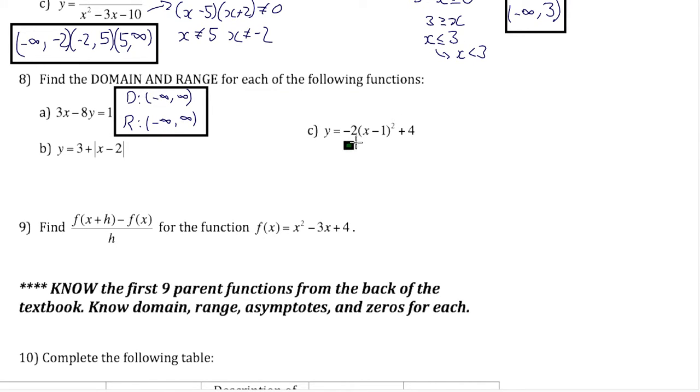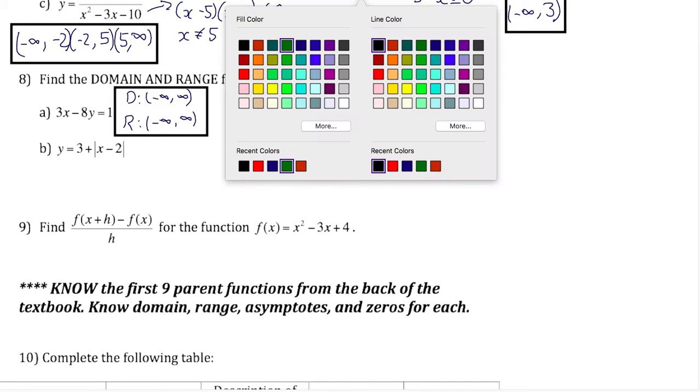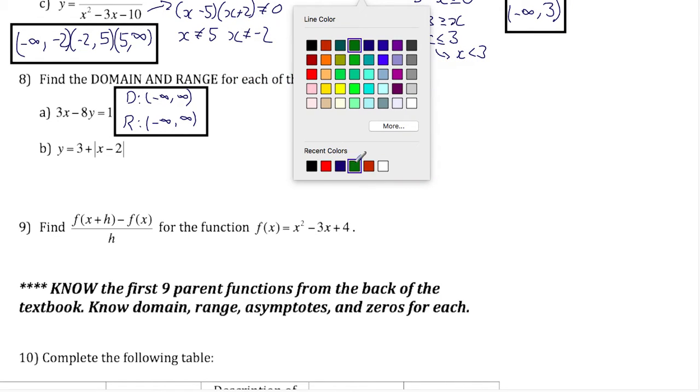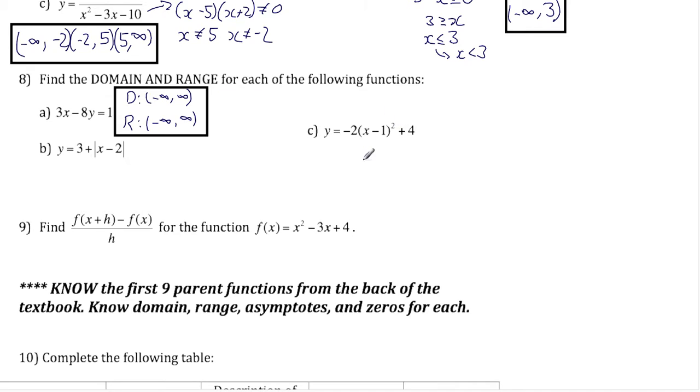This is a parabola with a vertex of (1, 4), that's h, k. With a parabola, the domain is going to go on forever, negative infinity to positive infinity.